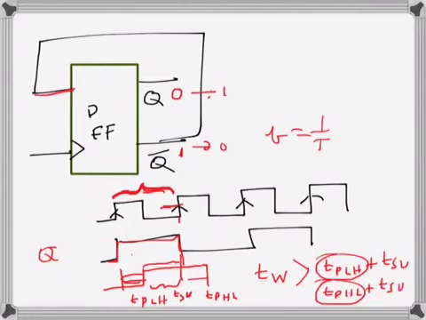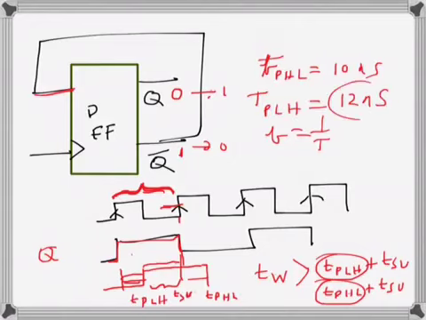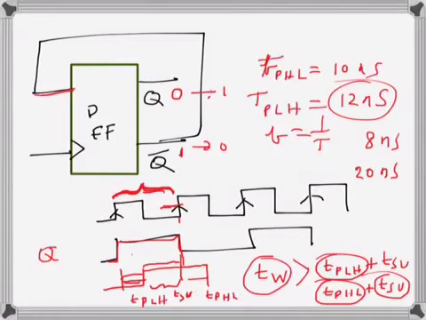to be there. So let's say TPHL is 10 nanoseconds, just for example, and sorry, TPLH is 12 nanoseconds, so we have to take the bigger one. So that one plus setup time, let's say 8 nanoseconds for a certain value, so 20 nanoseconds will be the minimum width of this one.